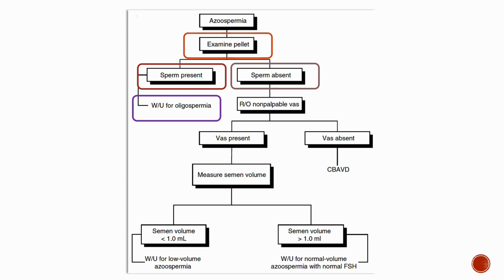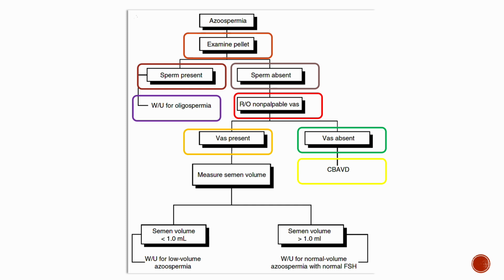It is total azoospermia. Then the first and foremost thing is to rule out the vas deferens. We have to see whether the vas is present or not. If the vas is absent, it automatically makes the diagnosis of congenital bilateral absence of vas deferens.